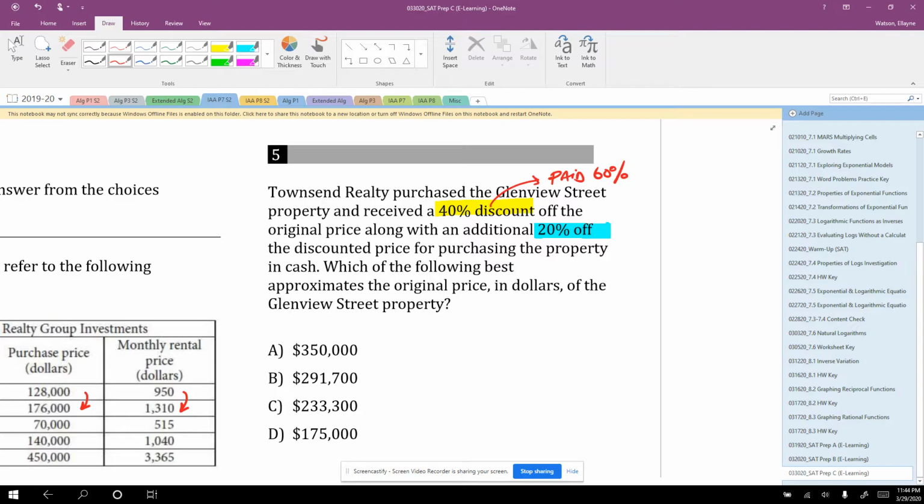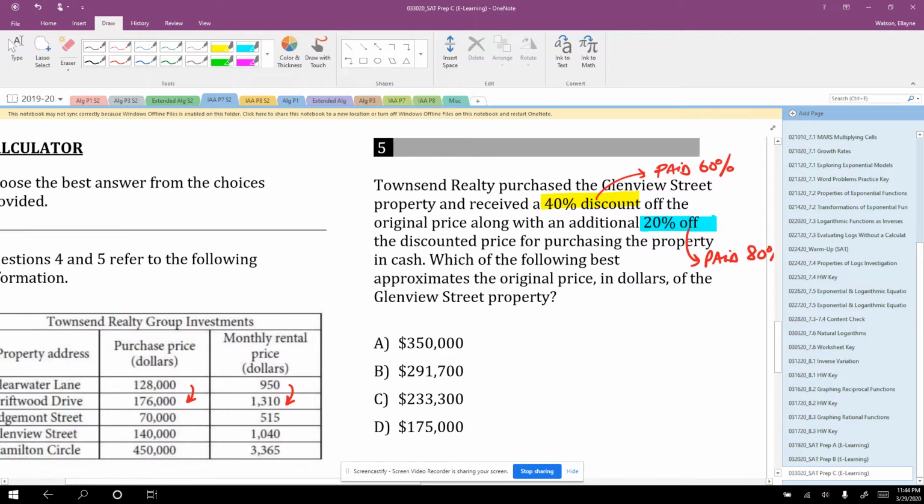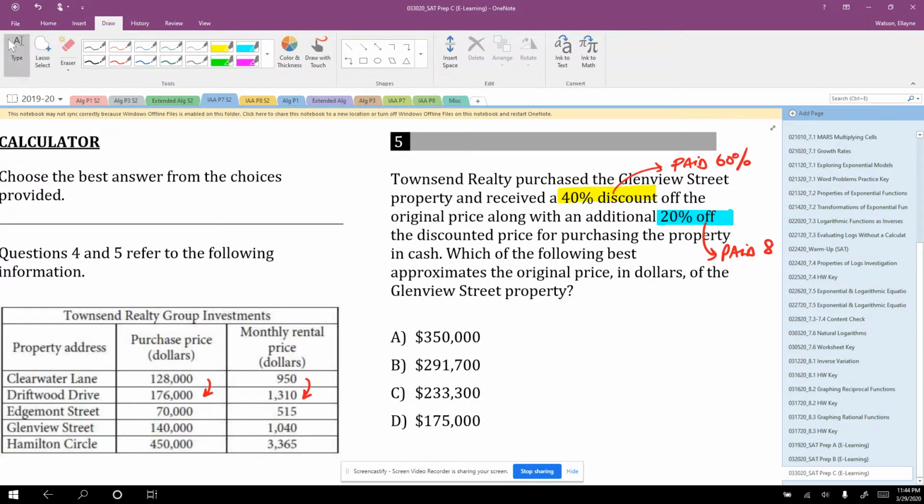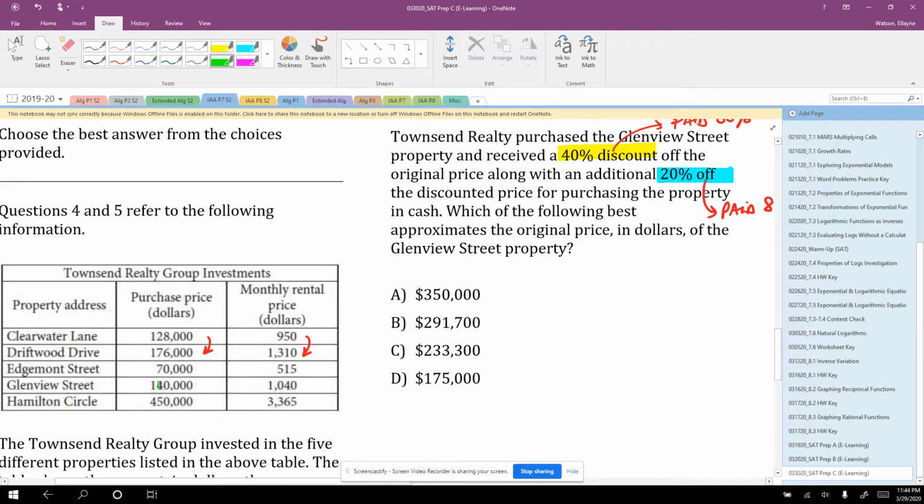Okay, if you received a 20% discount, that means you actually paid 80%. Okay, so really, and we know that, let's see here, this is Glenview Street. So if we go to our chart, Glenview is purchase price is 140. So 140,000 is the price after all these discounts.